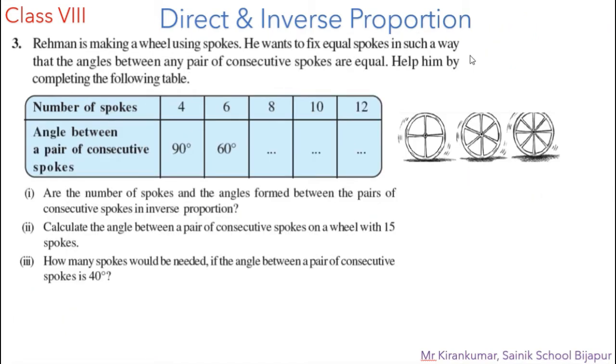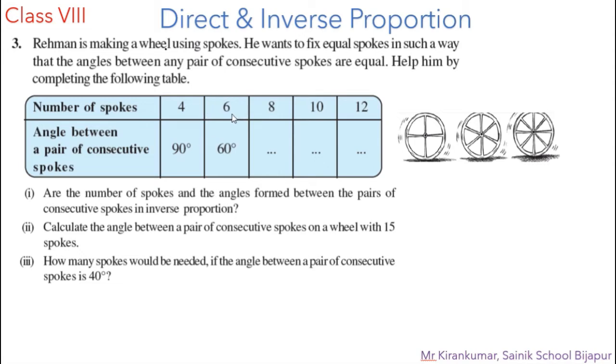Let's look at question number 3. Rahman is making a wheel using spokes. He wants to fix equal spokes in such a way that the angle between the pair of consecutive spokes are equal. Help him by completing the following table. If the number of spokes are 4, the angle between the spokes will be 90 degrees.